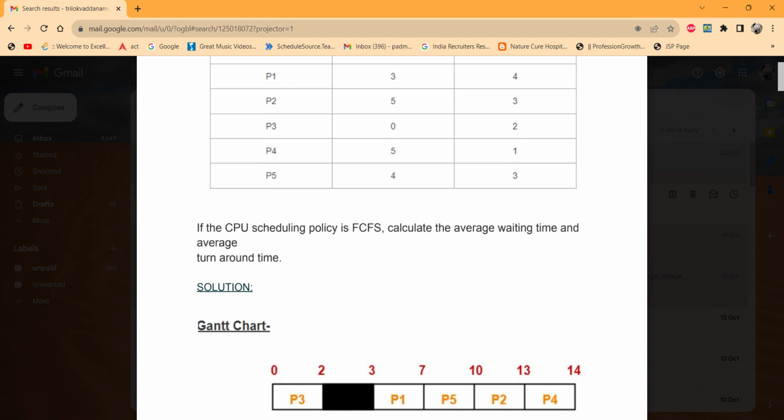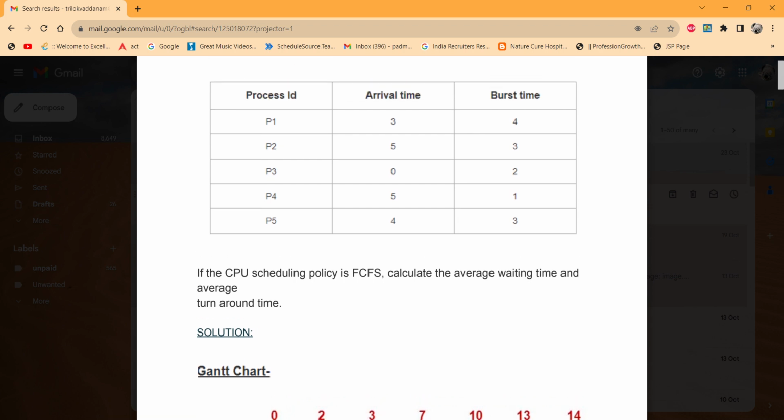So, from this statement, we can clearly infer that the processes are mainly satisfied according to their request based on their arrival time. So, definitely, arrival time is the major thing that we have to consider while we are drawing a Gantt chart for this kind of problem.